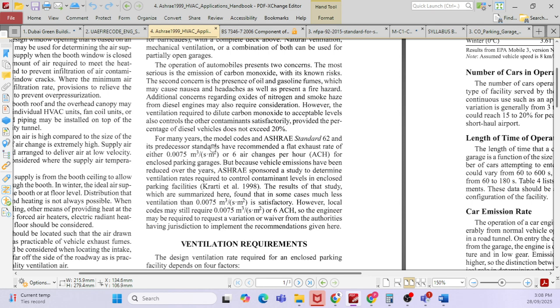If you talk about 2025, maybe this value is not applicable, maybe it is lesser. But as a standard practice we consider 0.0075 air changes.